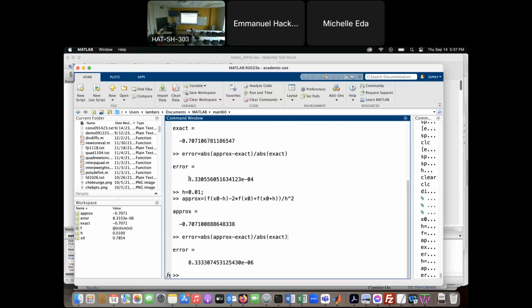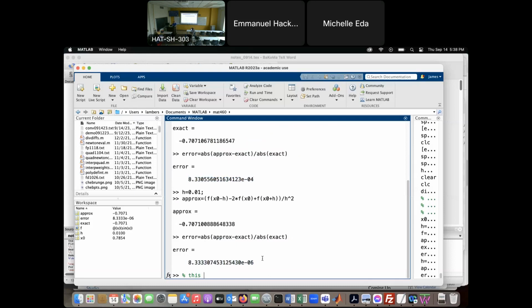So the first time, with h equal 0.1, the error was on the order of 10 to the minus 4. And then the second time, with h reduced by a factor of 10, the error is on the order of 10 to the minus 6. So decreasing h by a factor of 10 decreased the error by a factor of 100, or 10 squared.